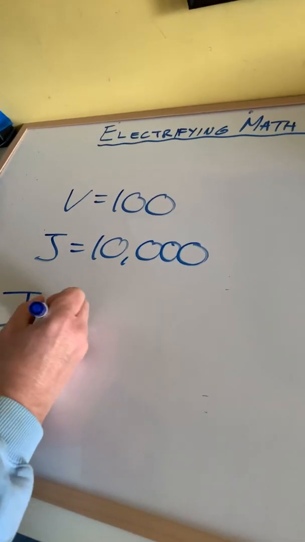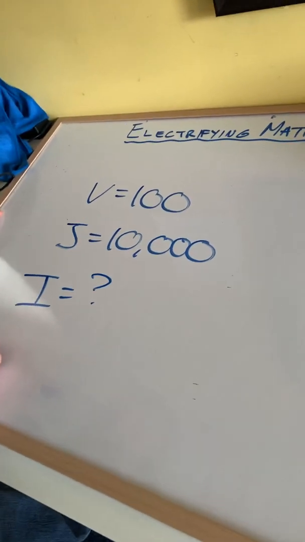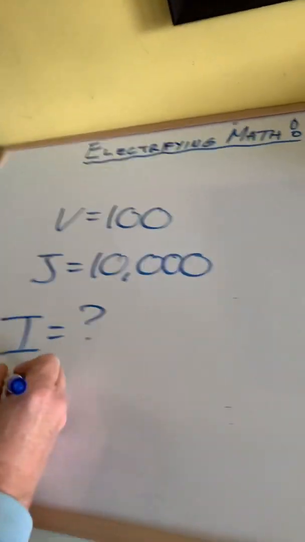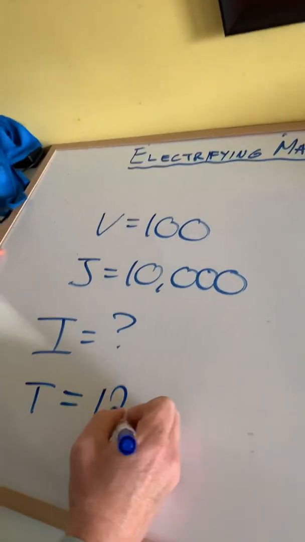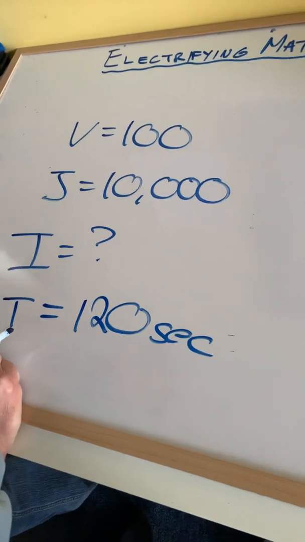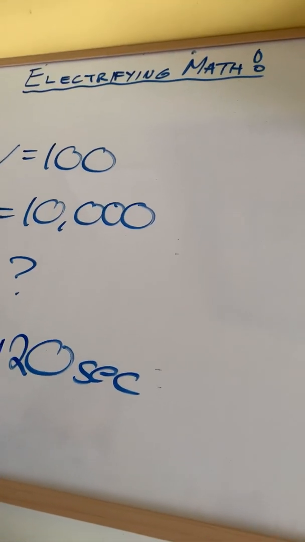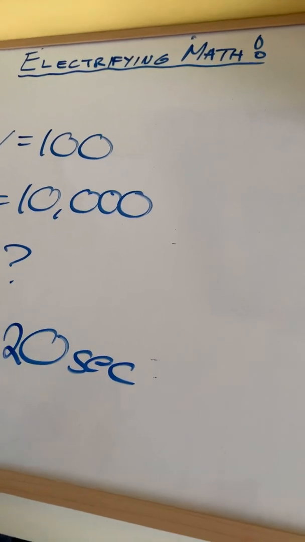Determine the current that flows through this machine in 2 minutes. I'm immediately making that 120 seconds. Determine the current flowing through this machine in the 2 minutes it takes Duncan, and the rest of his classmates for that matter, to strike out.